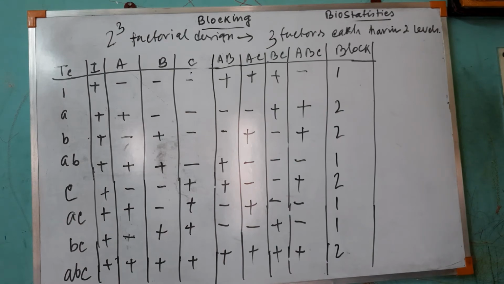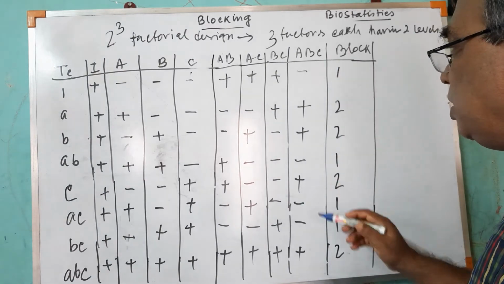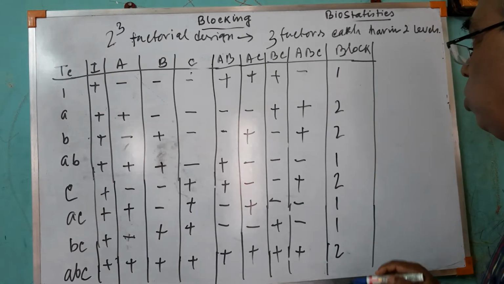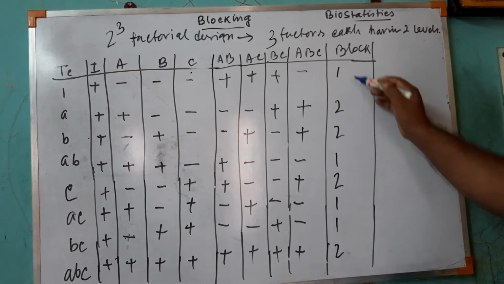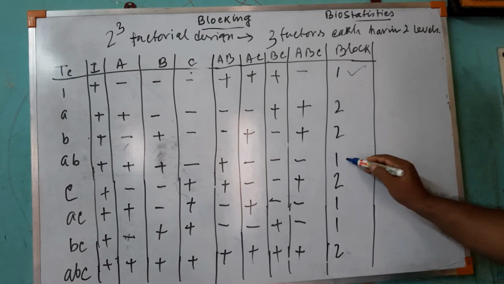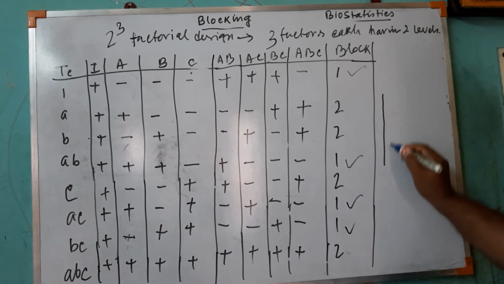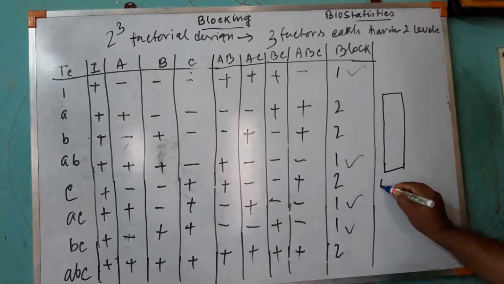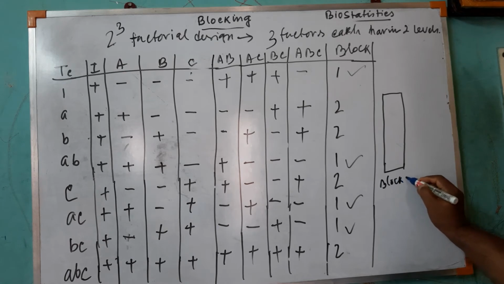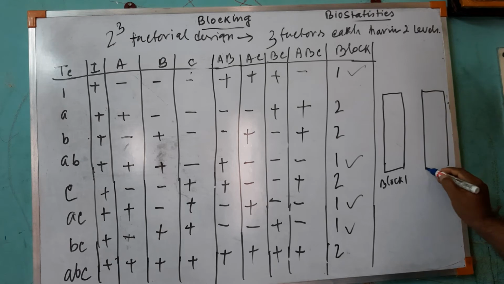That means we are assigning all negatives in ABC to block 1, and all positive in ABC to block 2. That means this is block 1, this is block 1, this is block 1, this is block 1. If we arrange this, this is block 1 and this is block 2.